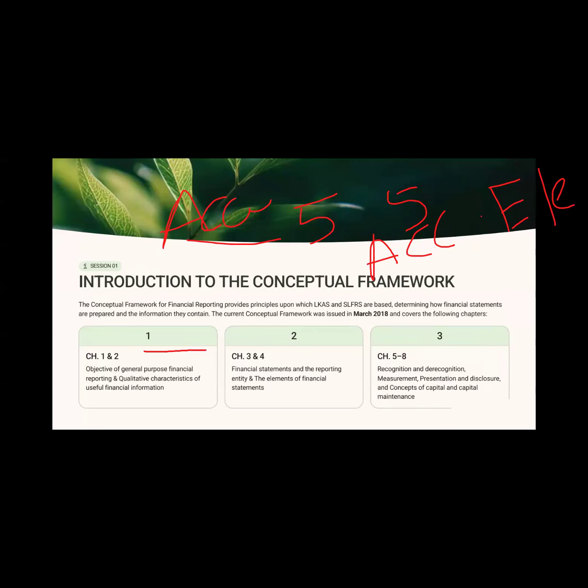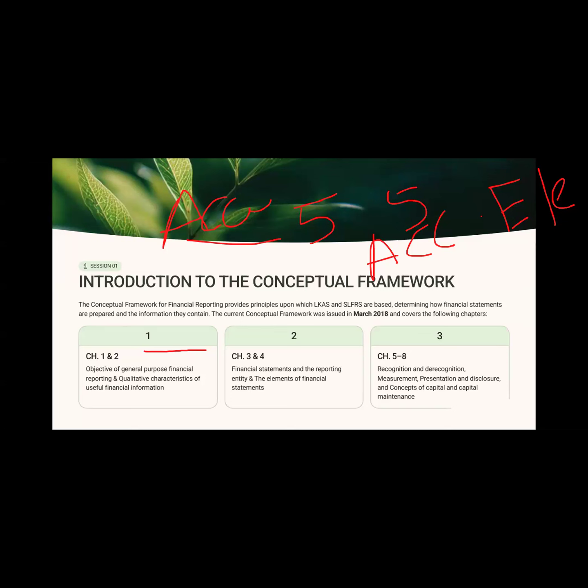That means assets, liabilities, income, expenses, and what else? Equity. Those are the five items we are going to mention in our financial statements.